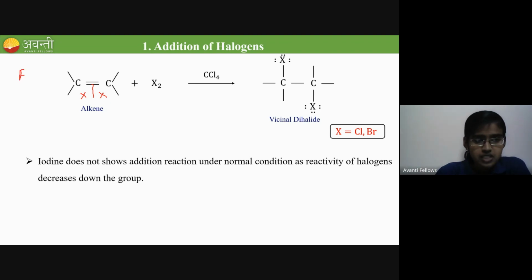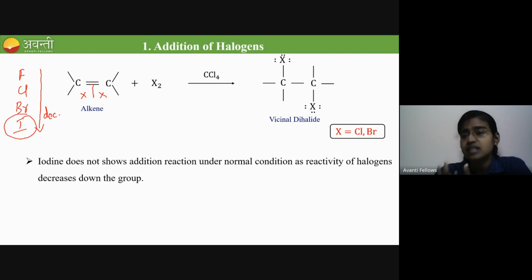So here is fluorine, chlorine, bromine and iodine, right? The reactivity decreases on moving down the group, which means iodine is the least reactive. So it is very, very slow, and it will not occur under normal condition. It will occur only at very high temperature or with some other alteration we have to do. Okay.